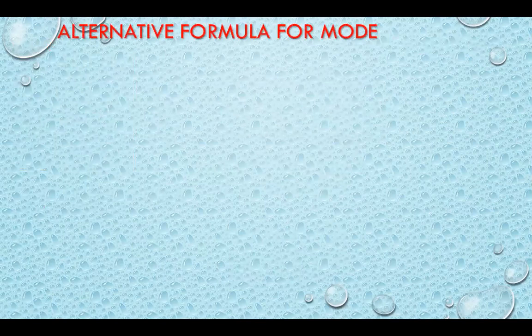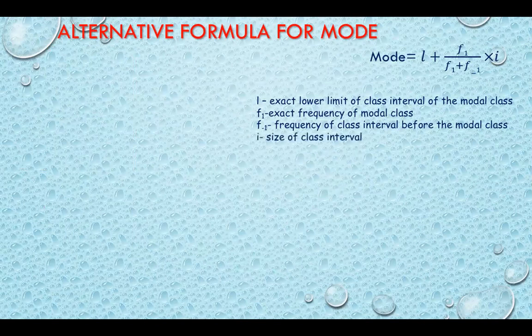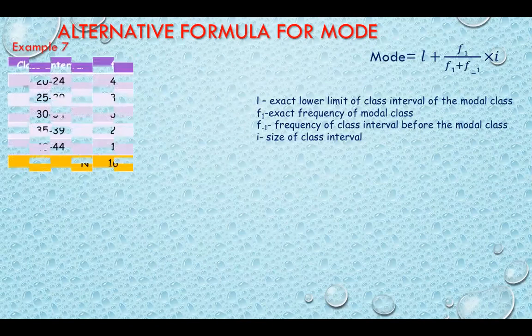That is known as the alternative formula for the mode. Here L is the exact lower limit, f1 is the exact frequency of the modal class, and f minus 1 is the frequency of the class interval before the modal class, and i is the class interval size. Let us have an example.